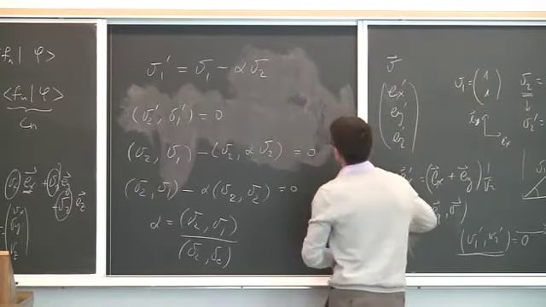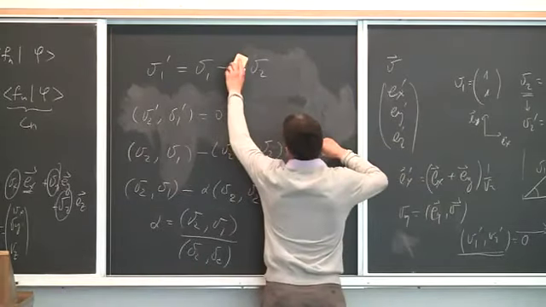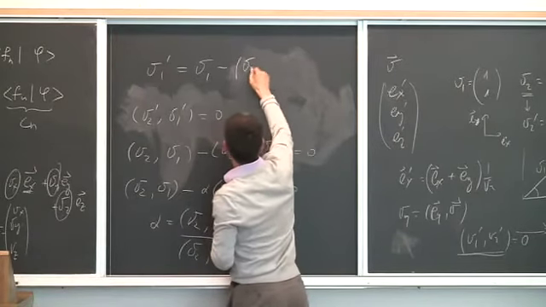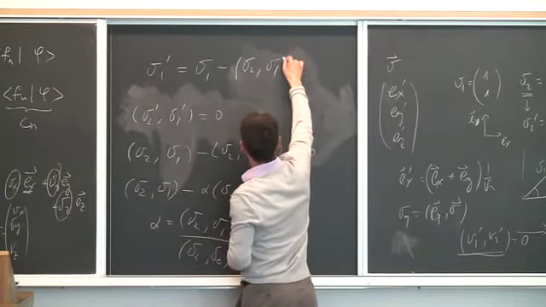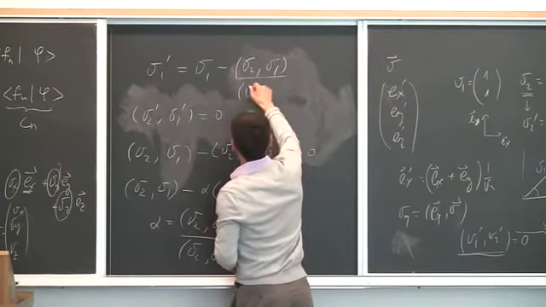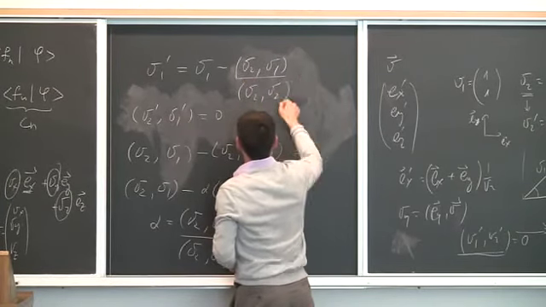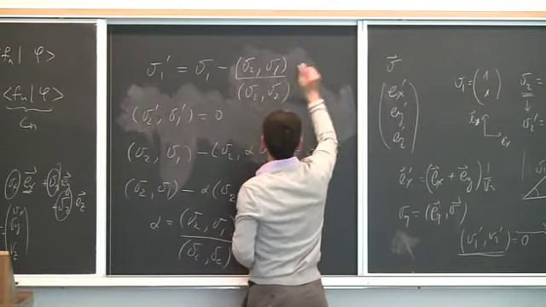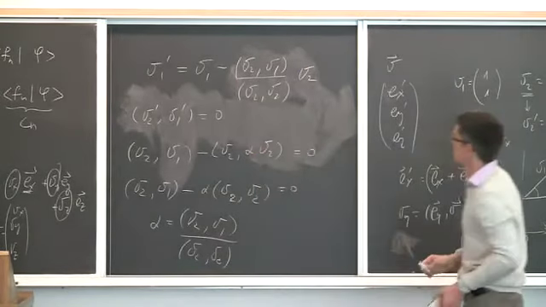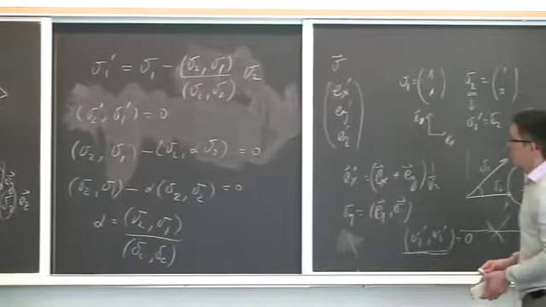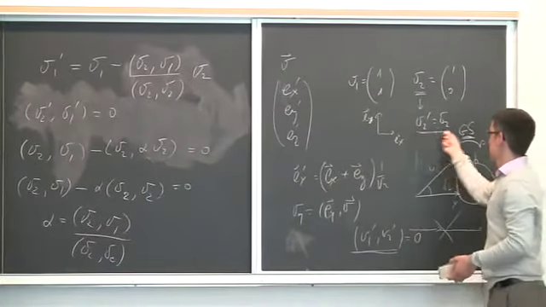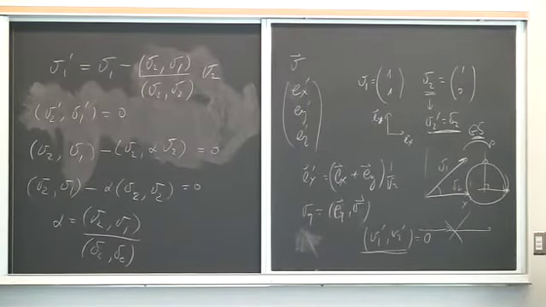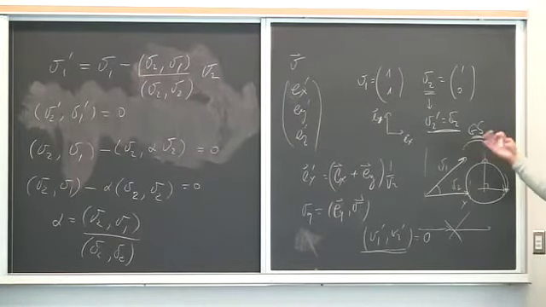All right, so then I can just substitute alpha by V2 V1 divided by V2 V2, and here there will be V2. So this is the process. If we have two vectors, we start from some vector and make it our first vector.